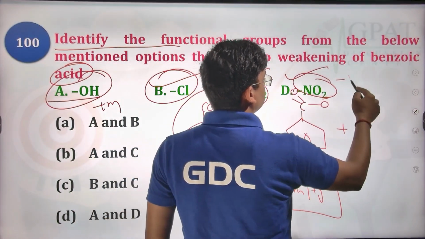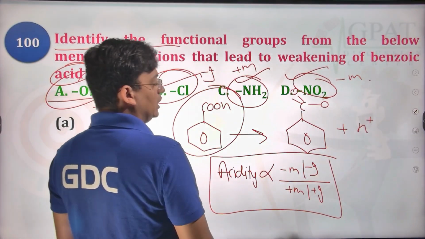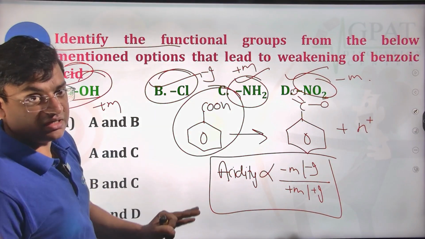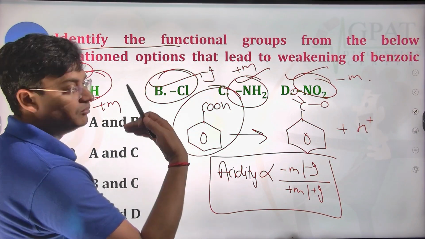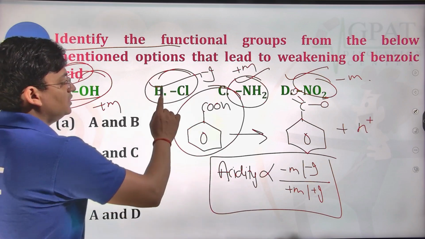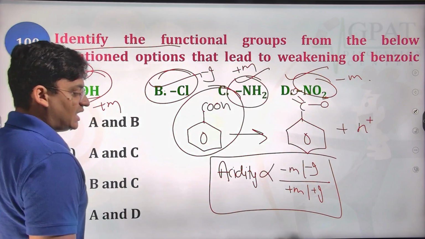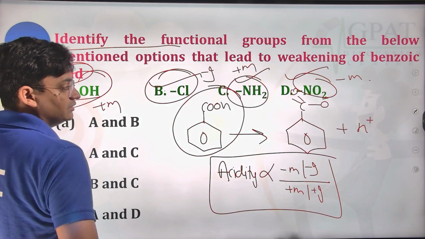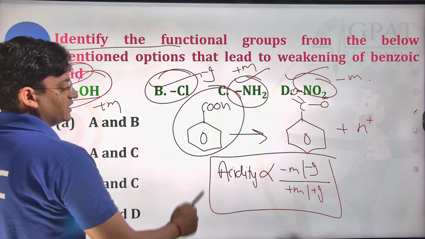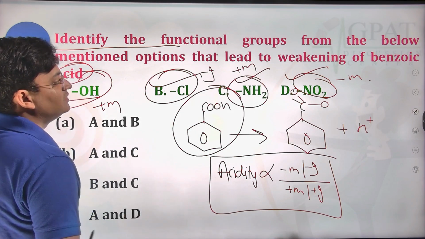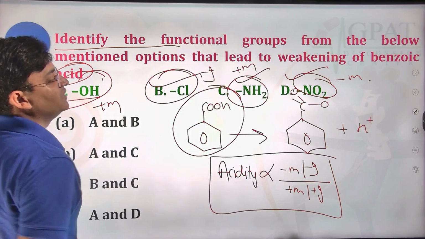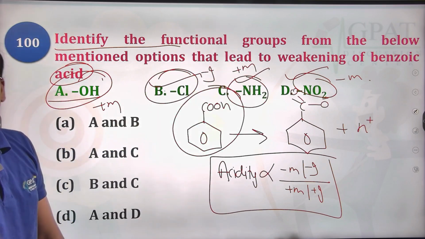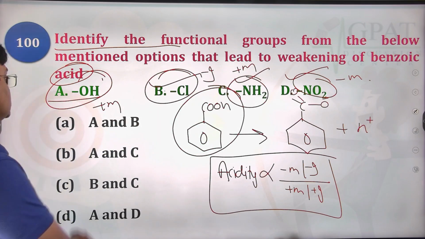NO2 has a minus M effect. So all those groups that have a minus I or minus M effect will have better acidity, that is, more acidic strength. So these two will have better acidic strength. They are going to give a better stabilized benzoate. But OH and NH2 have a plus M effect that leads to a decrease in the acidity of our benzoic acid, that is A and C.